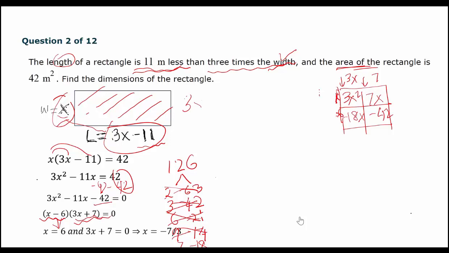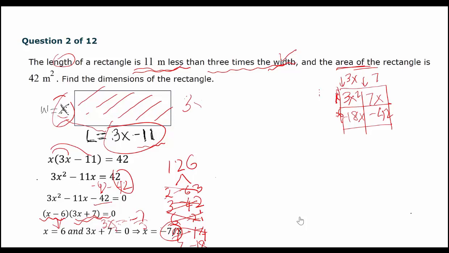Another factor is 3x plus 7 equals 0. You will subtract 7 from both sides, so you get 3x equals negative 7, and then you divide both sides by 3. So the other answer you get is negative 7 over 3.